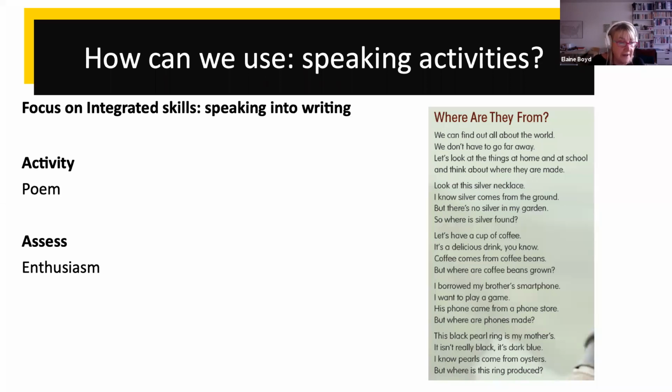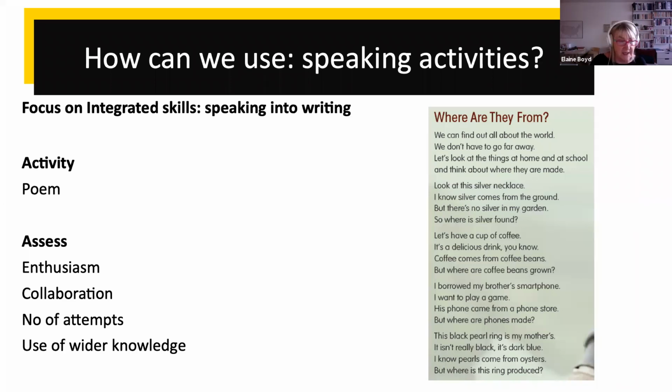And the kind of things you might want to assess here are their enthusiasm for doing this, or their collaboration with others. They have their own object they're going to talk about, but they can work together to help each other. Oh, this rhymes with this. So this is what I mean about all the oral planning they do beforehand. You could reward them for the number of attempts. And again, for their wider knowledge, what do they know about their object?